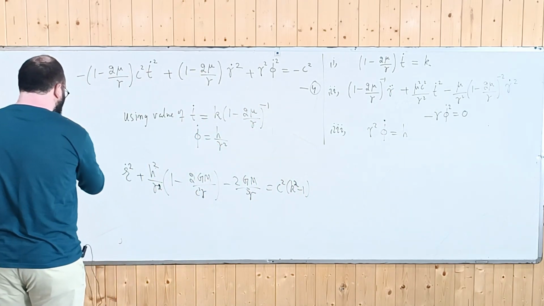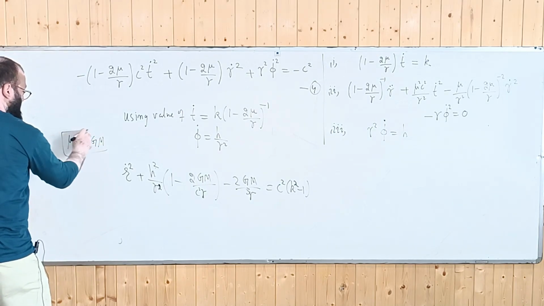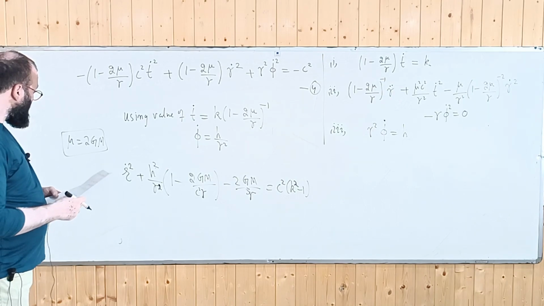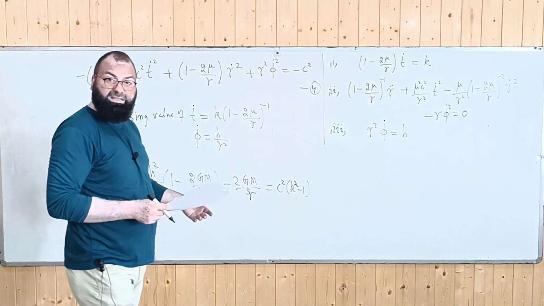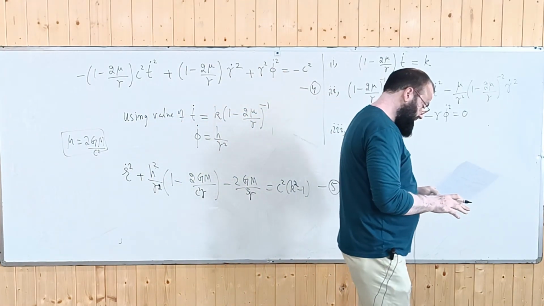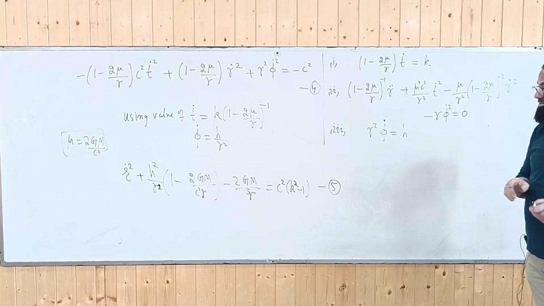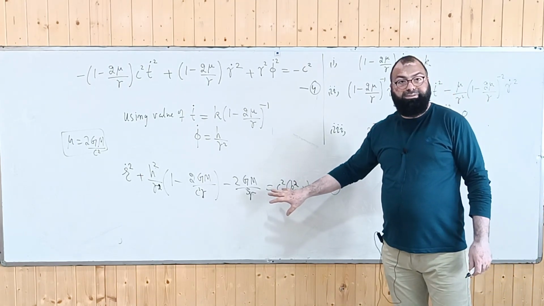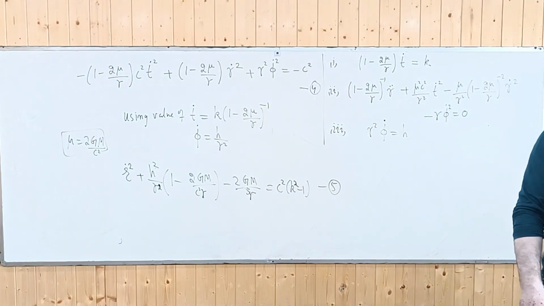What is gm? Our mu is actually equal to gm by c square. So this is our radial equation; call this equation 5. This equation can be used to describe the free fall of an object in the Schwarzschild space-time. Understood?